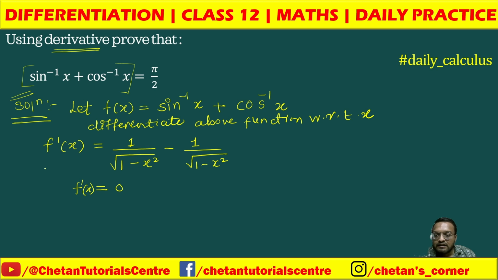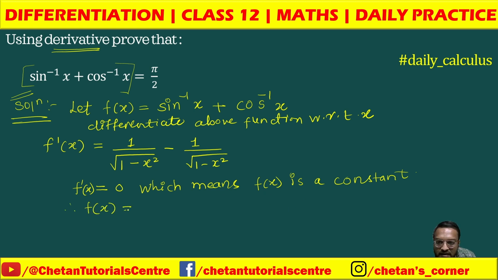Now we know that the value of f dash of x is equal to 0. What does it mean? It means that f of x is a constant function.